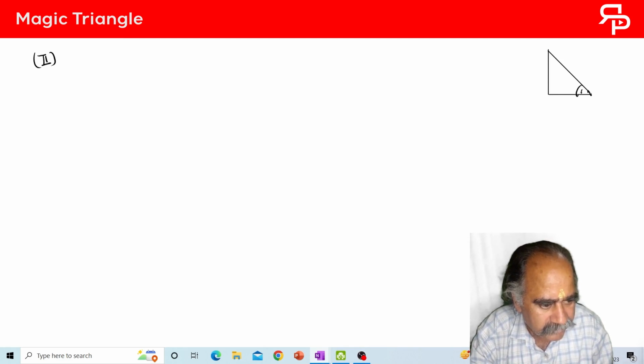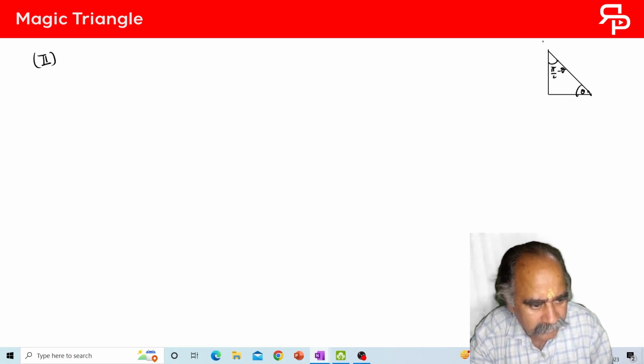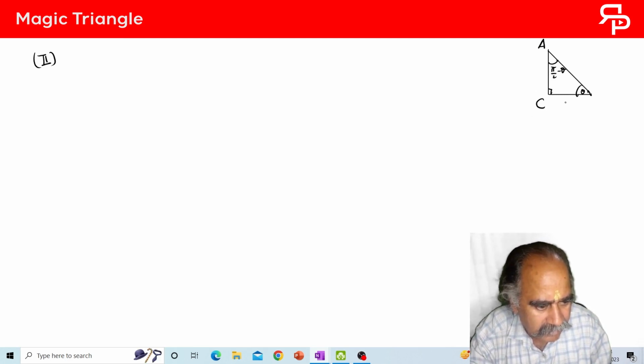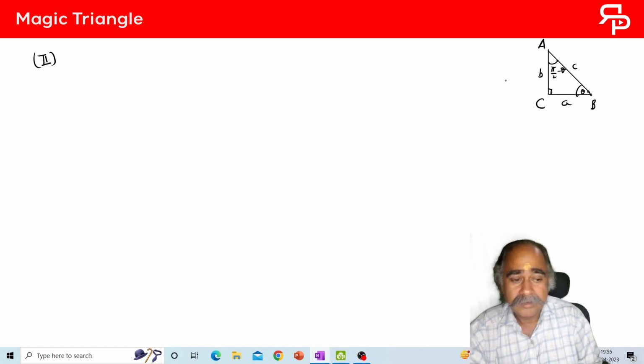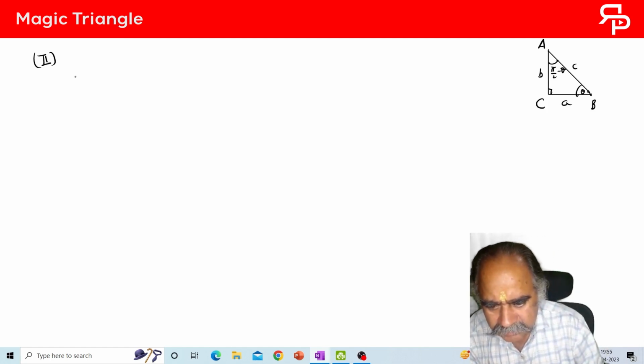This angle was theta. This is pi by 2 minus theta. This was A, C was the right angle, and this is B. This is B, this is A, and this is C. Now sin theta is what?